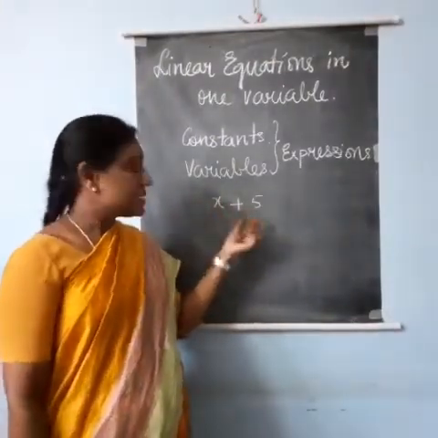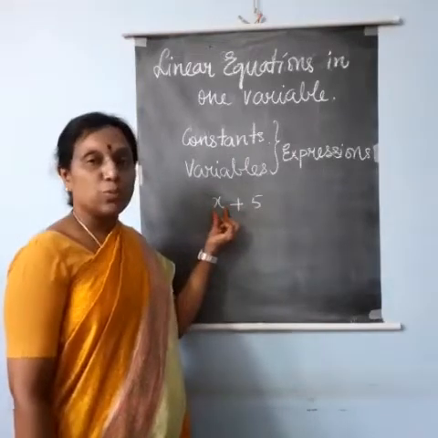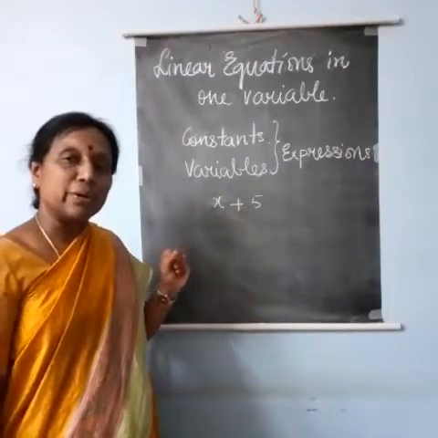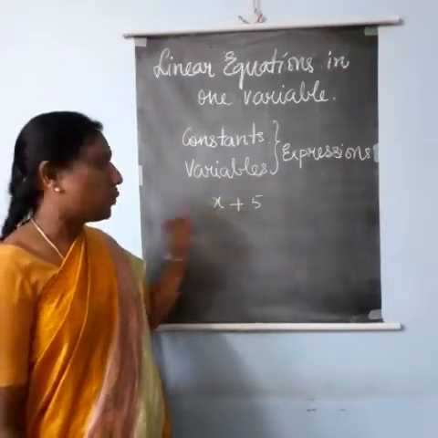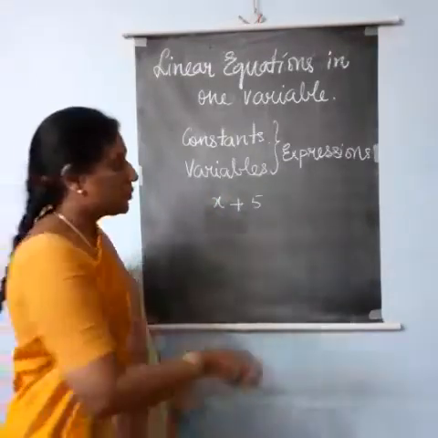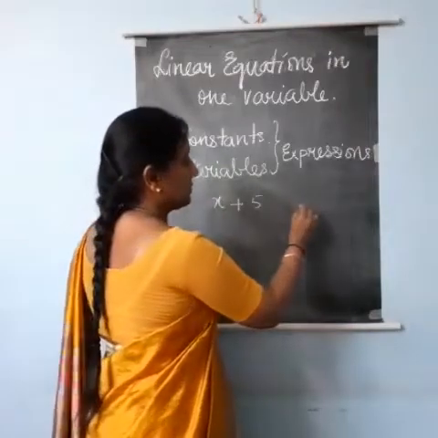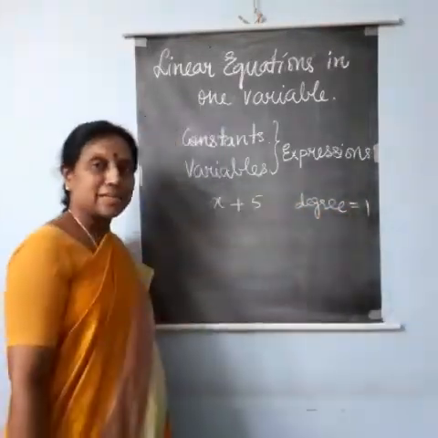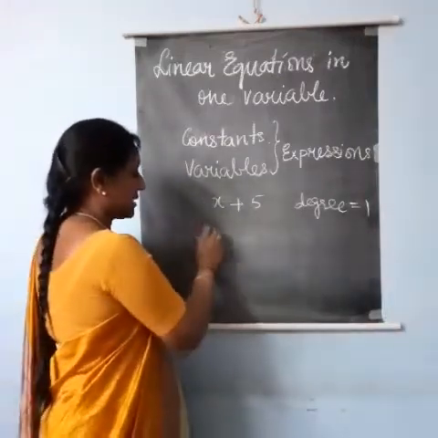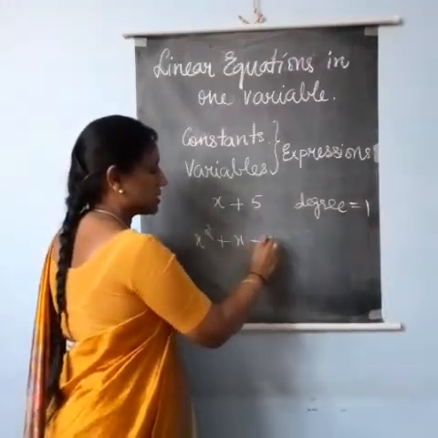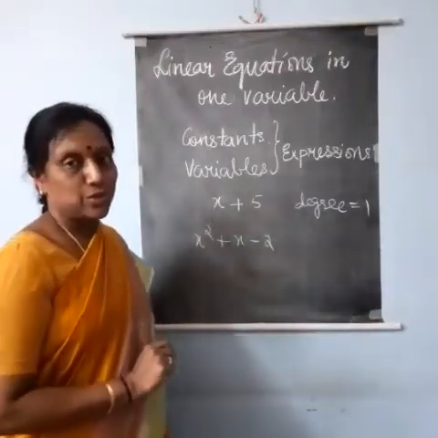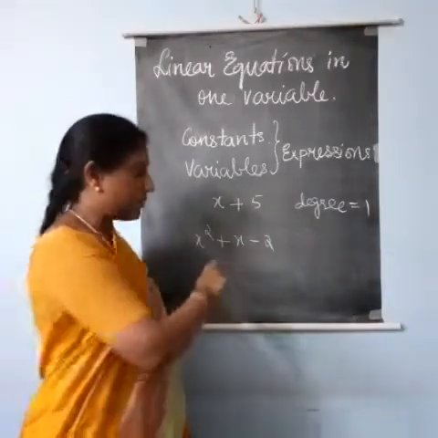Right. Now, this is an expression with one variable. Now, the power of x. What is the power of x? It is 1 here. Understand? So, what is the degree of this? The degree is 1. Right. So, supposing I had x squared plus x minus 2. What is the highest power of x? 2. So, what is the degree of this polynomial?